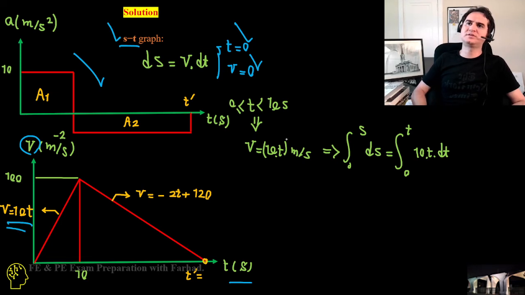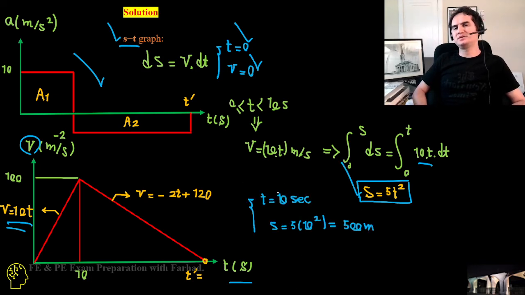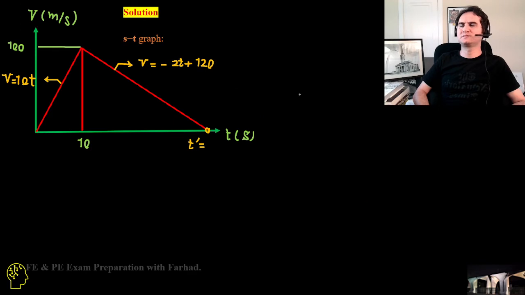If you integrate from 0 to s ds equal to integration from 0 to t of 10t dt, that gives us the displacement as a function of 5 times t squared. So at t equal to 10 seconds, s is equal to 5 times 10 squared, and that's 500 meters.